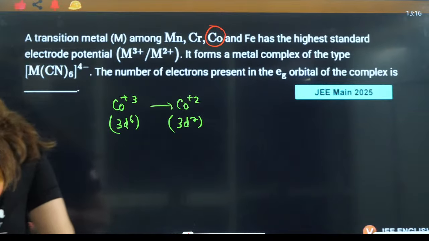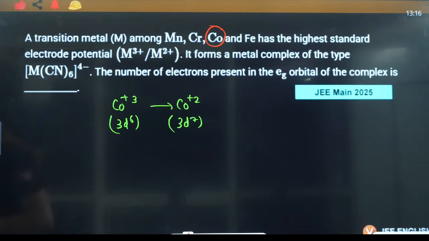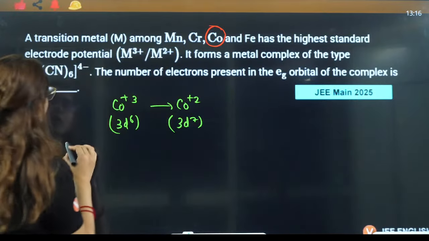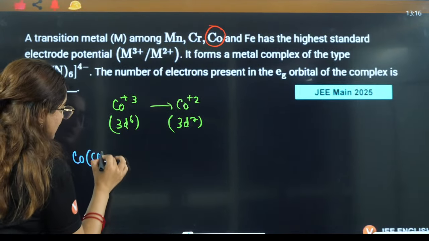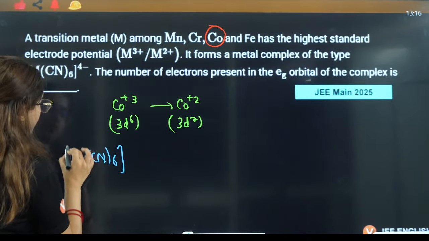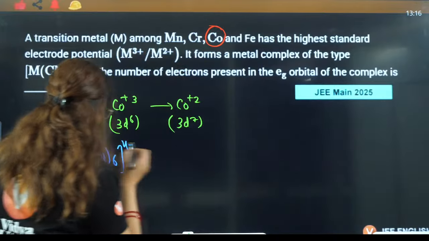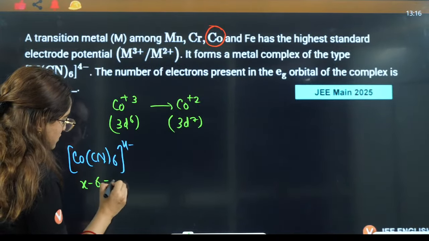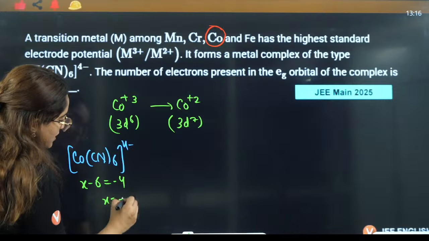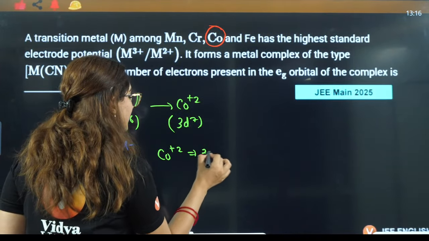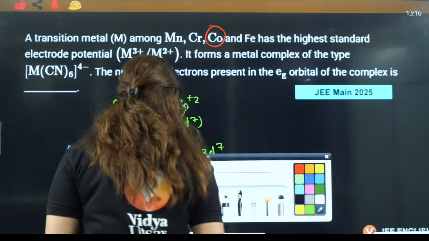Now they are asking you, if it forms a complex that is cobalt CN6 4 negative, what is the t2g electrons here? Let's see that. So if x minus 6 is equal to minus 4, it's plus 2. Now cobalt plus 2 is actually 3d7, right?